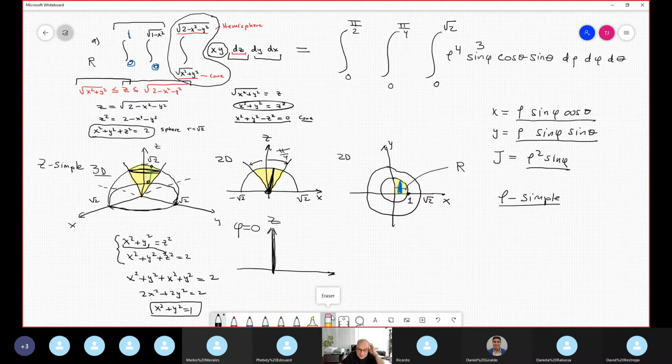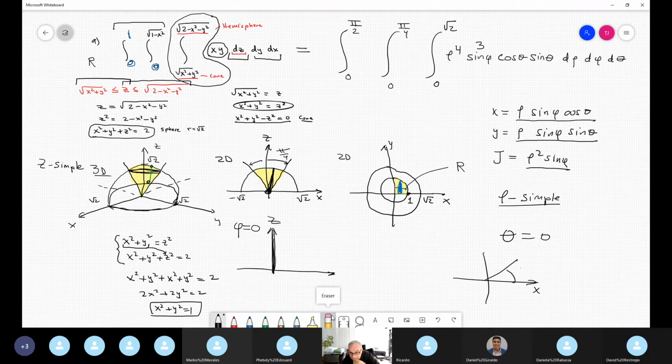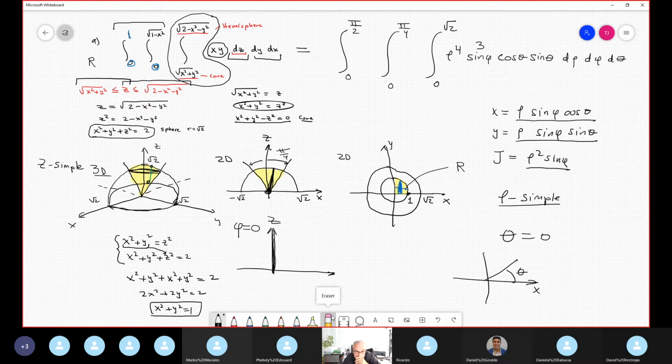Normally the habit that we have in our brain is that theta equals 0. Well, theta equals 0 is obvious, it is on the x-axis here. This is theta. It's easy to understand. However, phi is not easy to understand. Phi 0 is on the z-axis, and you walk in that direction. So phi here is pi over 2.